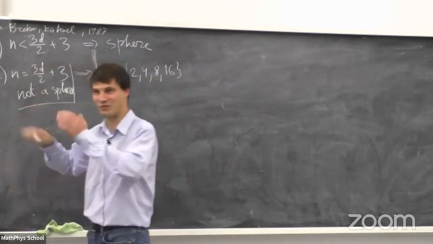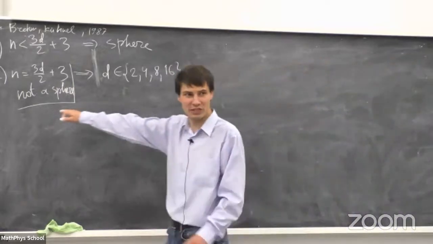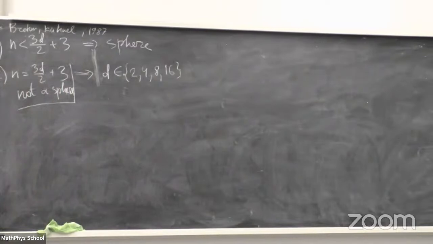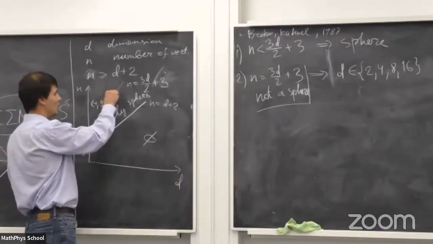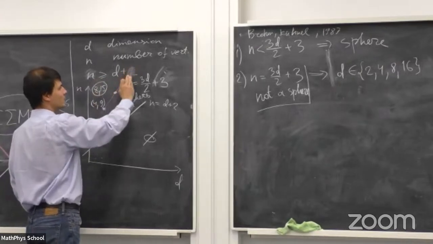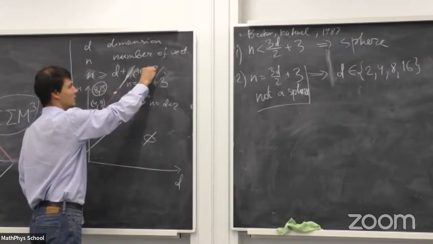Of course, we have plenty of triangulations of spheres with such a number of vertices, but assume that it is not a sphere, then the dimension is one of these numbers. I just would like to point out these points exactly. We have the point 2, 6: two-dimensional with 6 vertices. We have 4, 9: 4-dimensional with 9 vertices, 8, 15, and the last one is 16, 27.